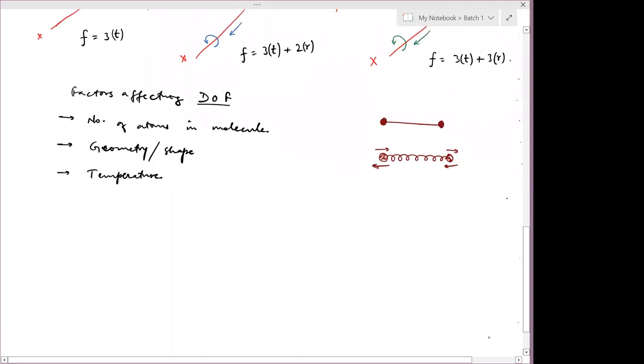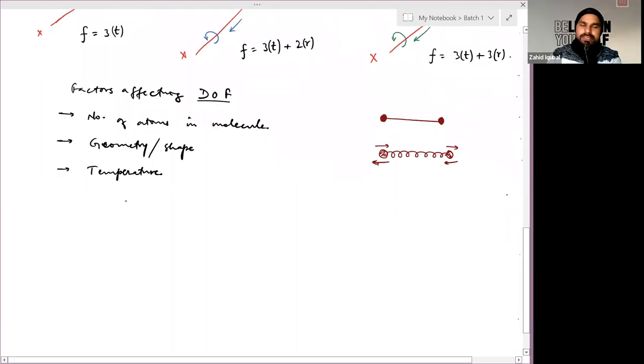Yes, sir. So degree of freedom increases with rise in temperature, except for monatomic gas. If temperature increases, the bond gets weakened.